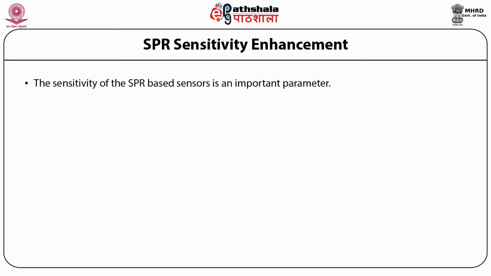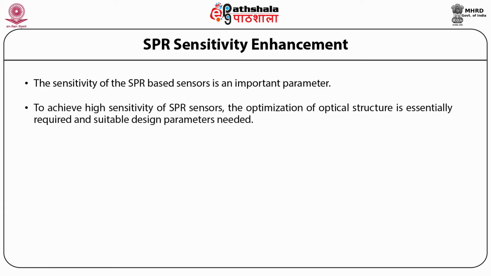The sensitivity of SPR-based sensors is an important parameter. To achieve high sensitivity of SPR sensors, the optimization of the optical structure is essentially required and suitable design parameters are needed.